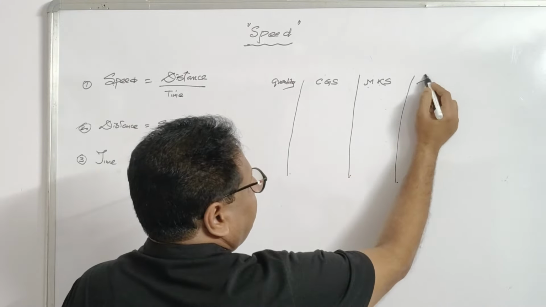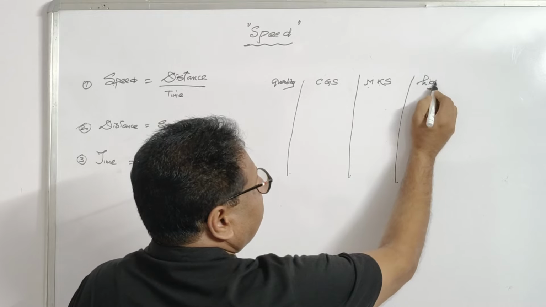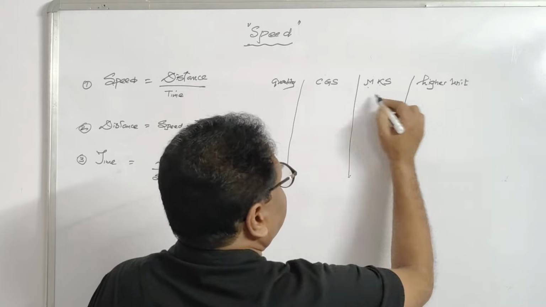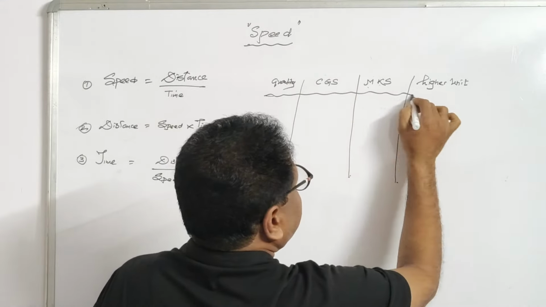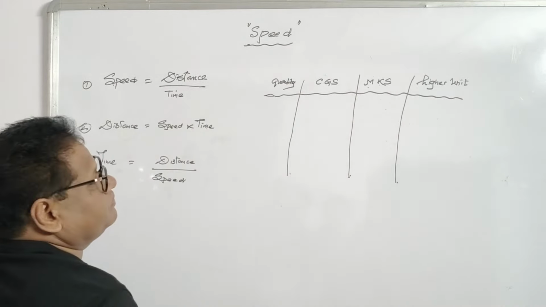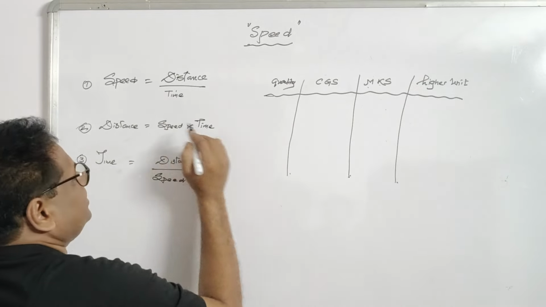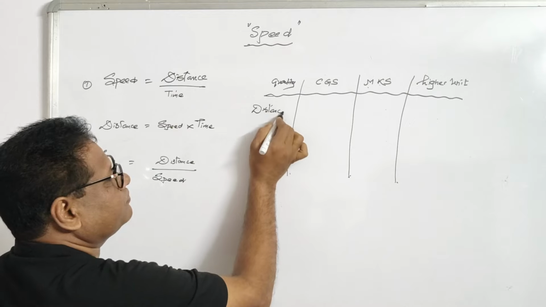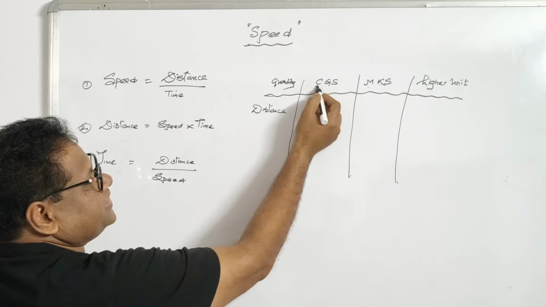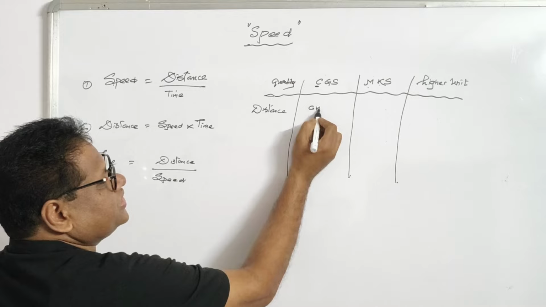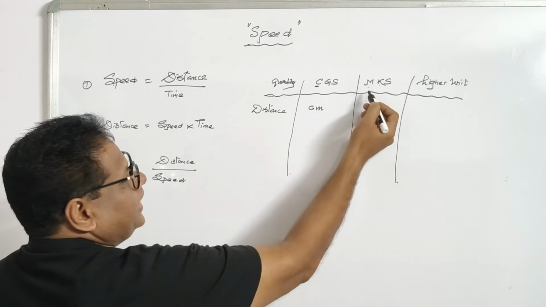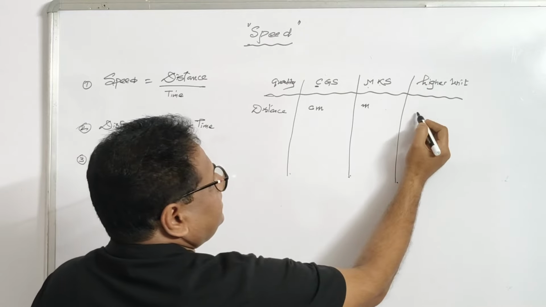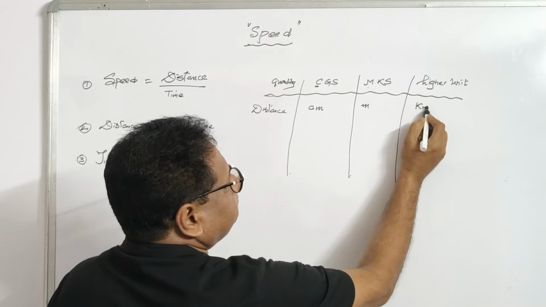Then we have the higher unit. So we are going to describe the relation between the three. First of all let us express the quantity distance. In CGS unit, C stands for centimeter, so this is centimeter. M stands for meter, so you write meter, and the higher unit is kilometer.